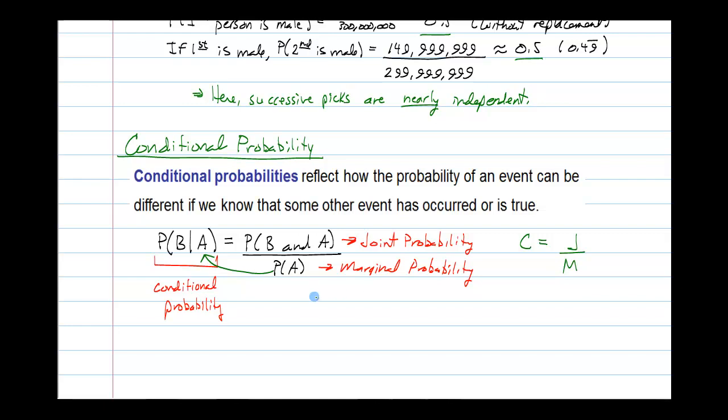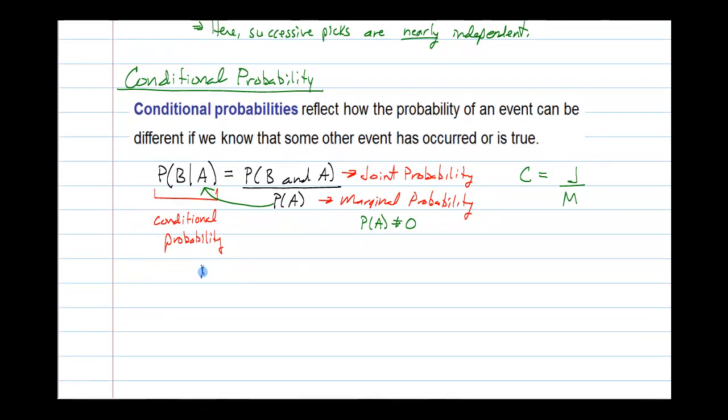Another quick thing to note here, the probability of event A cannot equal 0 because I can't divide by 0. I would have an undefined fraction. A couple other things to note. B given A does not always equal A given B. In fact, it seldom does. This is not equal.